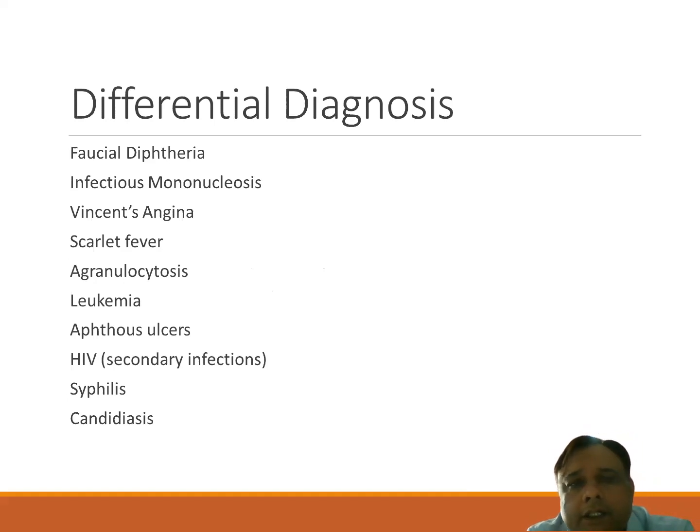We have to differentially diagnose acute tonsillitis from certain other diseases such as faucial diphtheria, infectious mononucleosis, Vincent angina, scarlet fever, agranulocytosis, leukemia, aphthous ulcers, HIV, secondary infections, syphilis, and candidiasis.